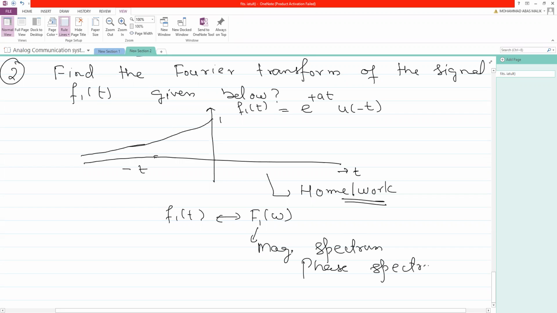These two you draw, and then conclude from this. Since this is a real valued signal, its magnitude spectrum must be even and phase spectrum must be odd, as we have already concluded from the above signal. Done? Yes, sir. Okay.